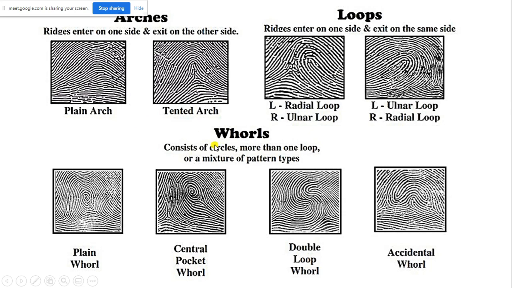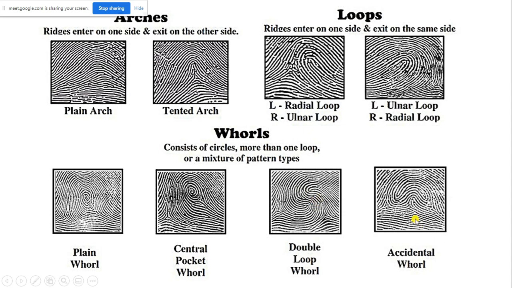We have whorls which can be of 4 different types: plain whorl or simple whorl. We have a central pocket whorl where we have retracing ridges here, recurving ridges here. We have double loop patterns or twin loop patterns, which are actually 2 different loops having recurvature of the ridges in 2 different directions, but they are placed under the category of whorl and they have the valued pattern category.